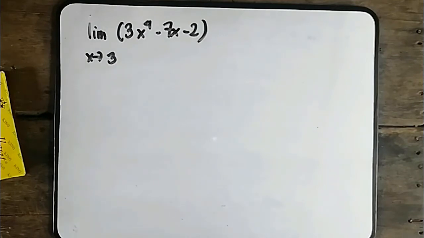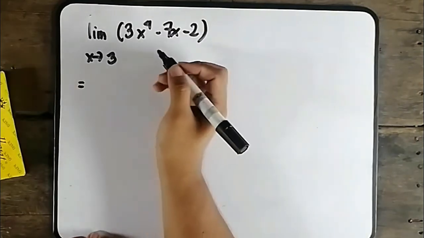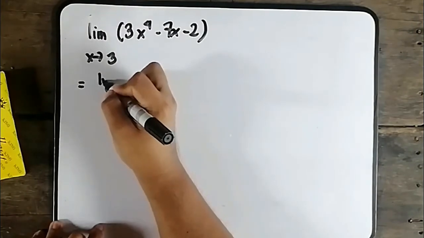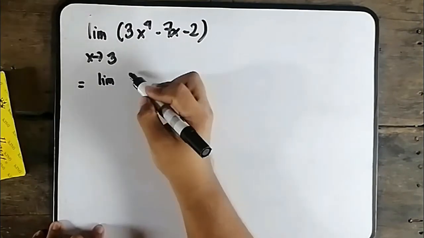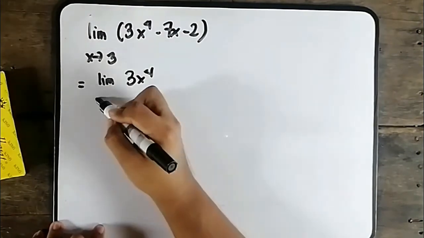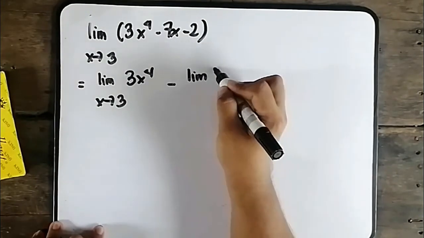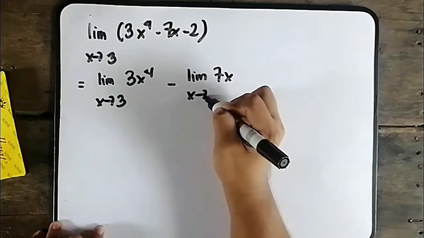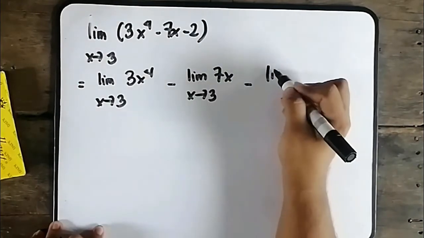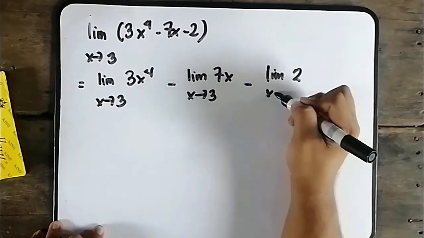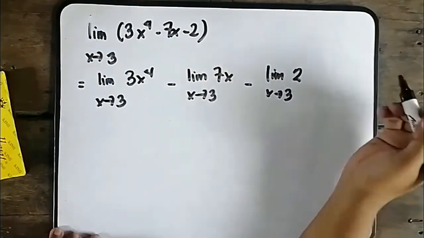Next example, we have the limit of 3x raised to 4 minus 7x minus 2. Therefore, by Theorem 5, we have the limit of 3x raised to 4 as x approaches 3 minus the limit of 7x as x approaches 3 minus the limit of 2 as x approaches 3.